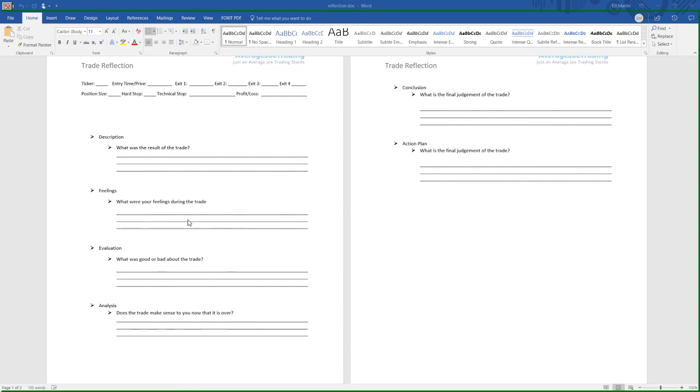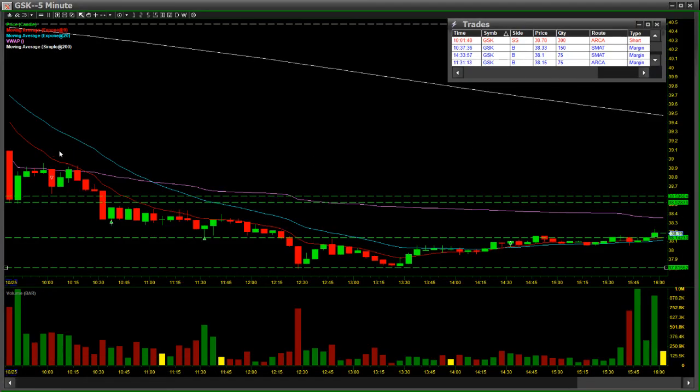So what were my feelings during the trade? This is taking too freaking long. After we saw the big move here, we came up and were rejecting the VWAP, and I was expecting this to continue to roll over.